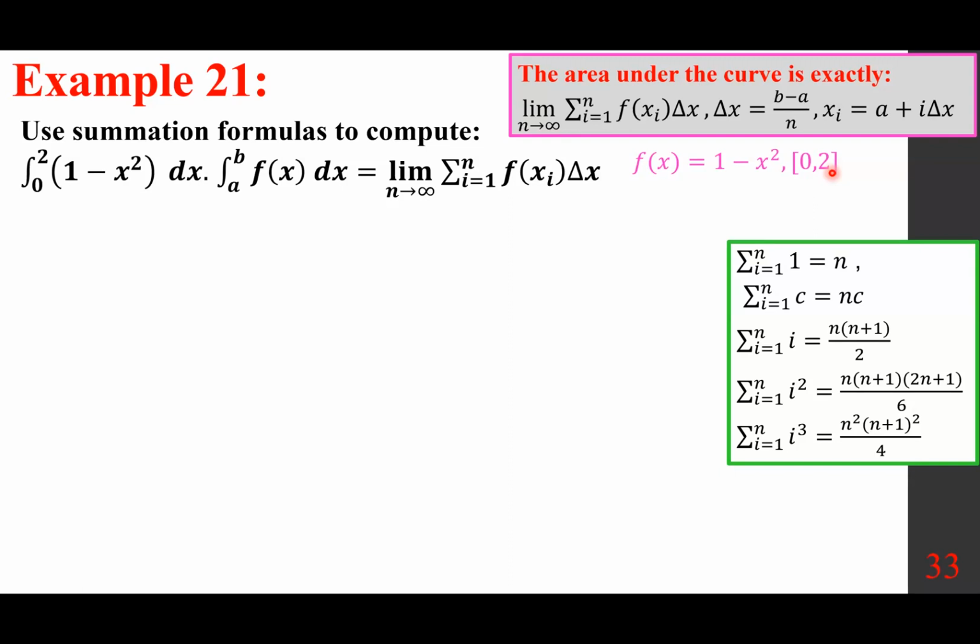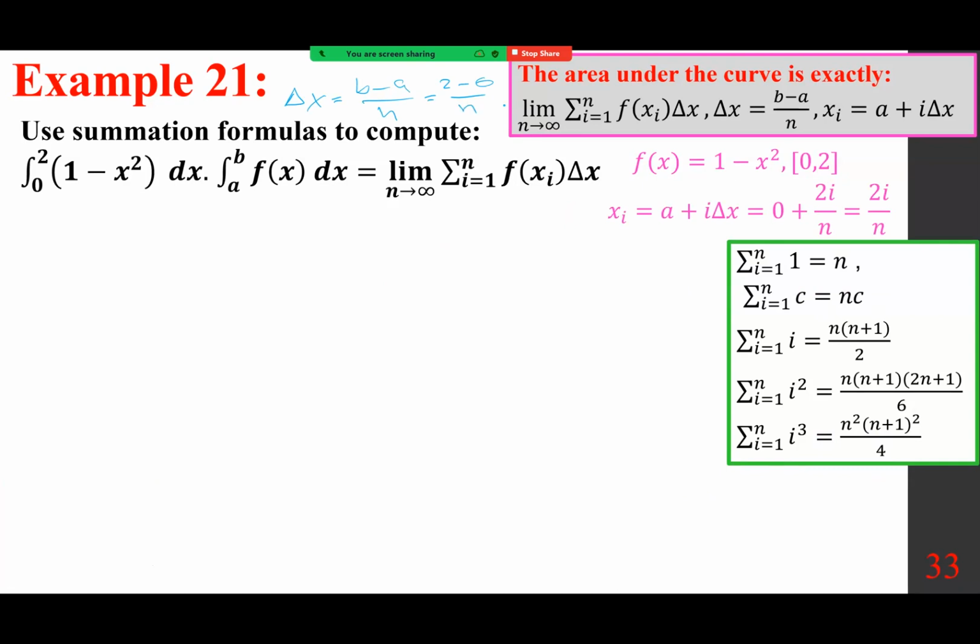A plus i delta x makes that 0 plus 2i over n. So let me quickly show you, delta x is b minus a over n, which means 2 minus 0 over n, or simply put, delta x is 2 over n. So that's the first thing, and then x sub i.